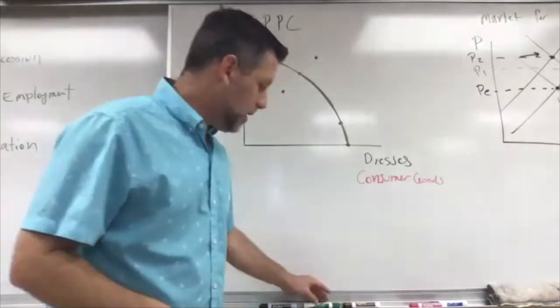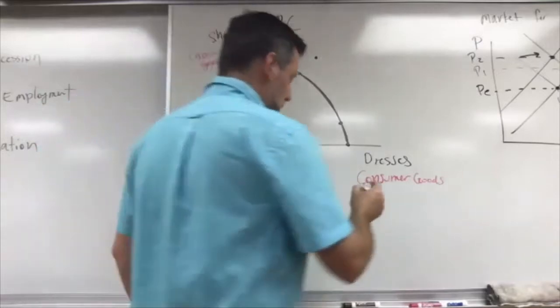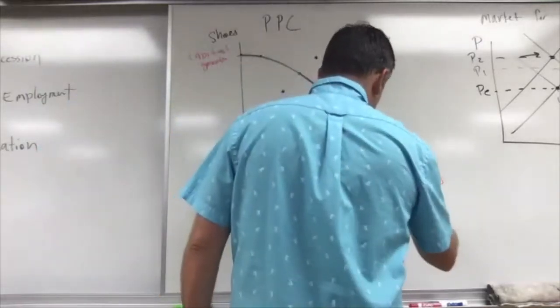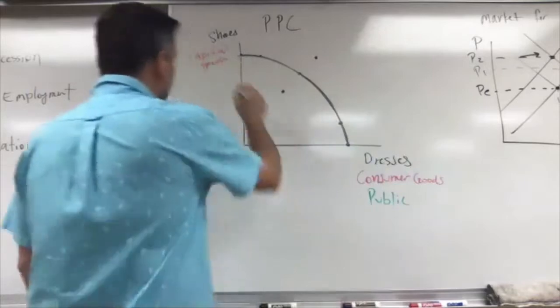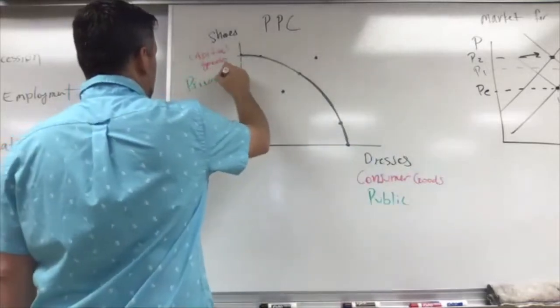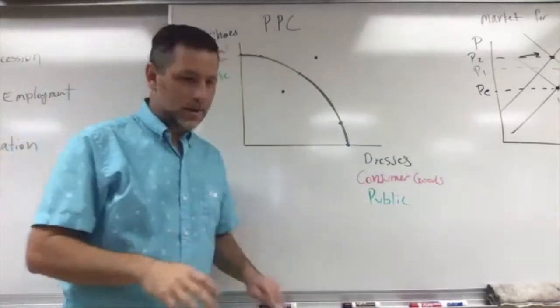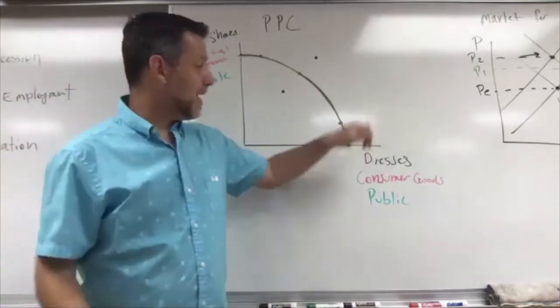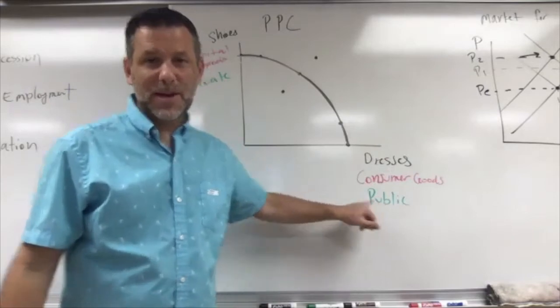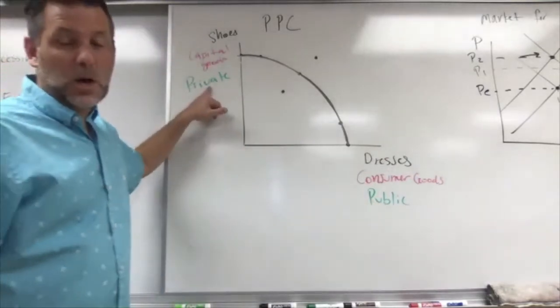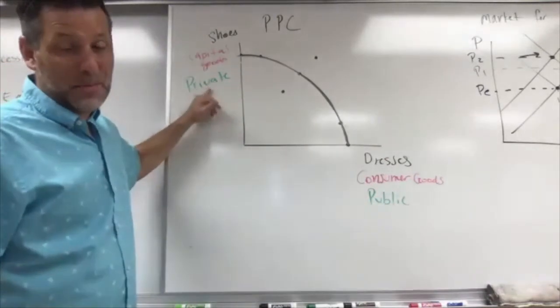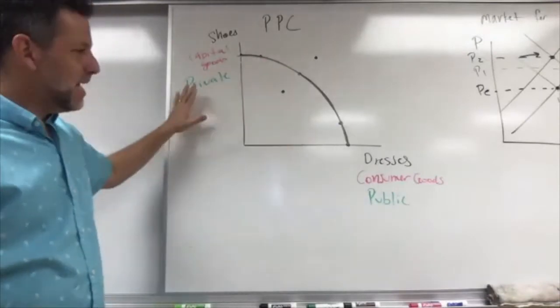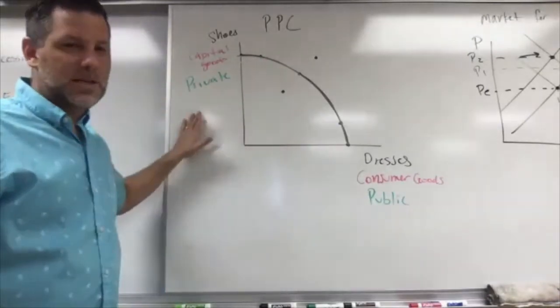You might also see something like public and private. Public means it's owned by everybody, so this would be government spending. Private would be stuff that's owned by individuals, so this would be spending by people. But the idea is everything falls into these two categories.